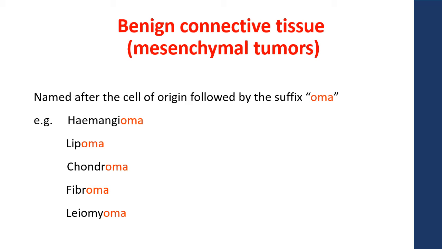Hemangioma, benign tumor arising from vascular space, so from blood vessels. Lipoma, benign tumor arising from fat cells, lipocytes. Chondroma, benign tumor arising from chondrocytes, cartilage. Fibroma, benign tumor arising from fibrous tissue. Leiomyoma, benign tumor arising from smooth muscle.